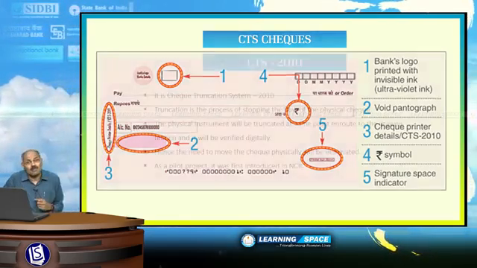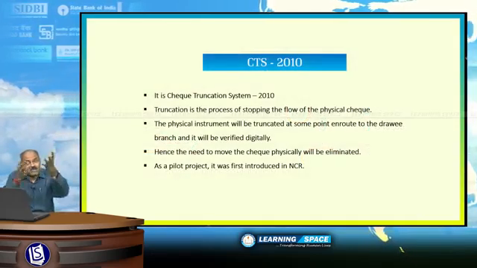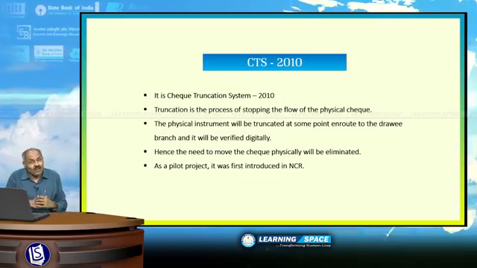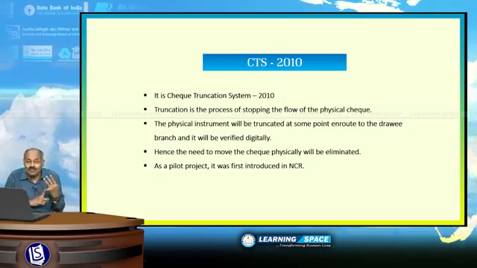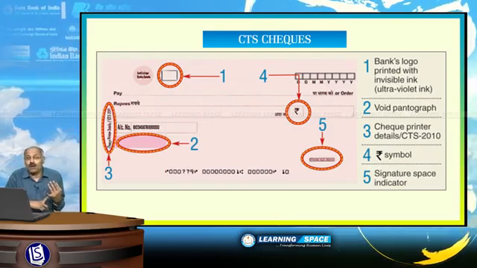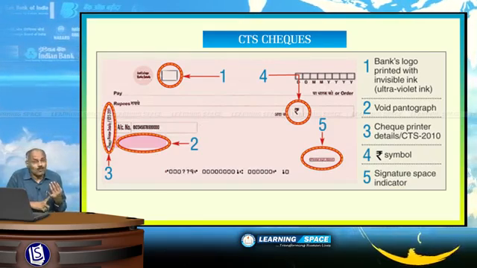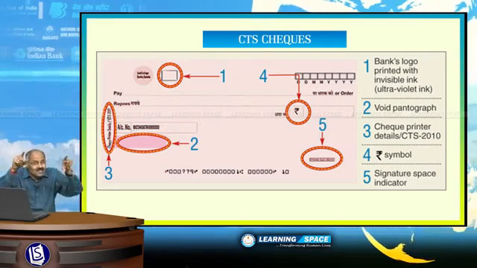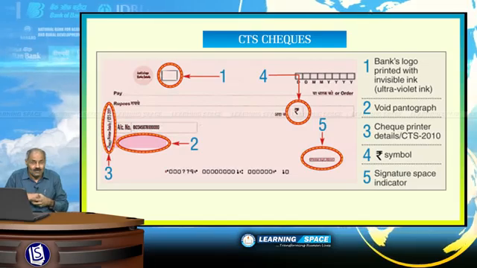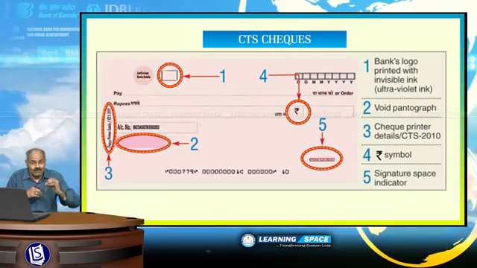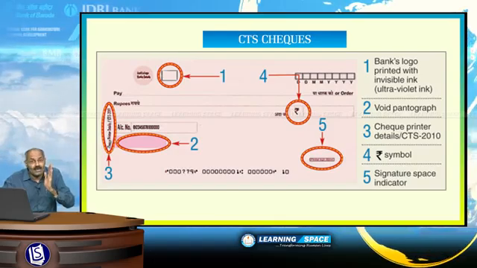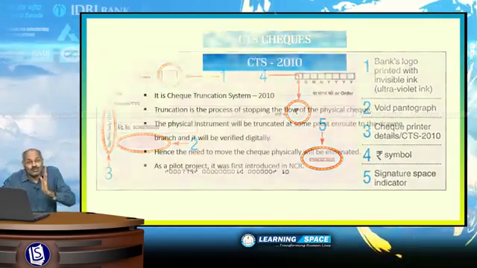So what are the special features of CTS checks? Please look into this. CTS checks have several inbuilt features. First and foremost are the security features. That means duplicate checks or fraudulent checks are not possible because this has several security features. The second important aspect is that the check will not physically move, only the image will move from one place to another.